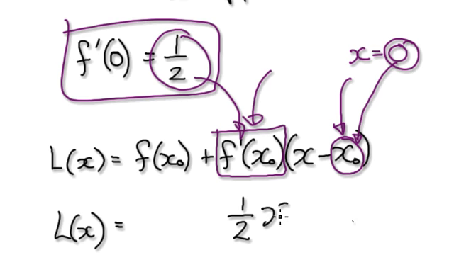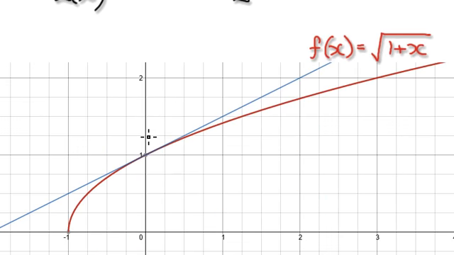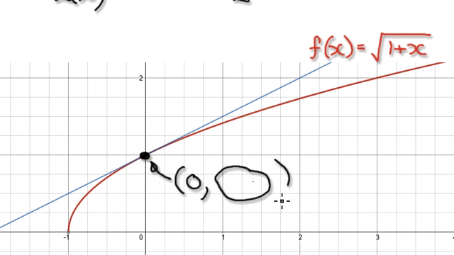Then this f of 0 here: the coordinates at this point are 0, comma, and then this thing here.